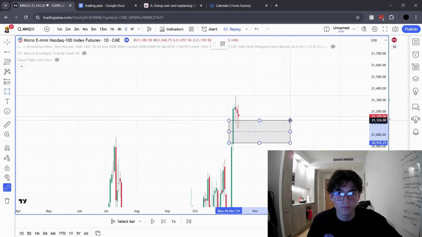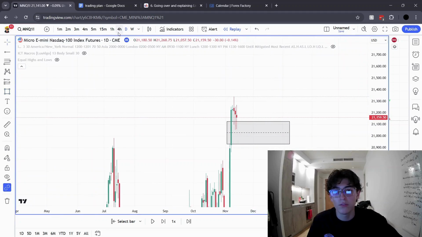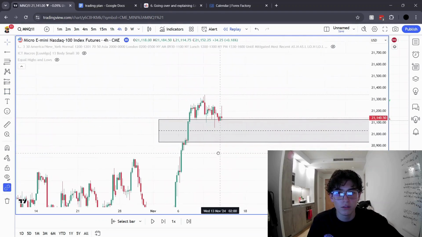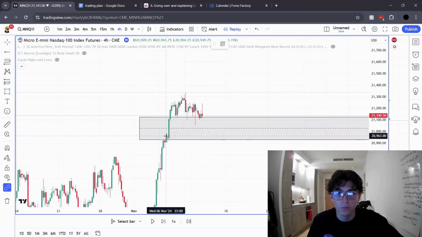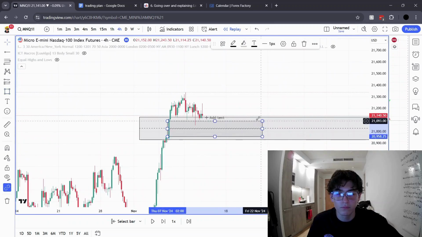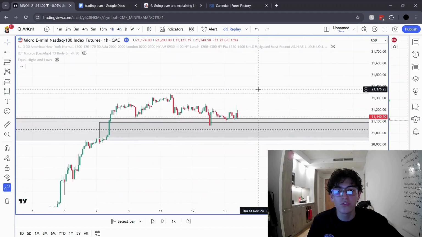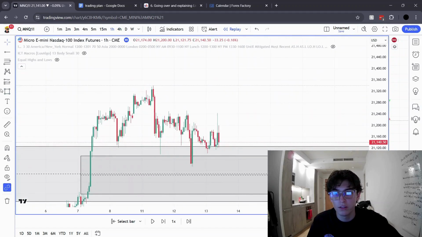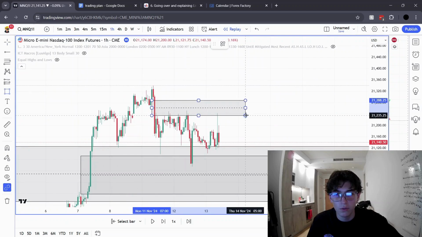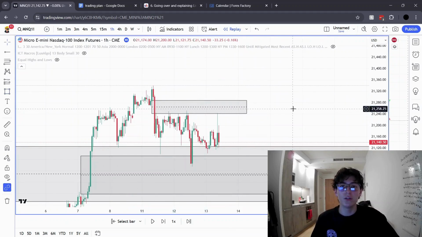Boom. Fair value gap. I could go on the 4-hour. Boom. Fair value gap. I could go on the 1-hour. There's fair value gaps everywhere. Another one right here.